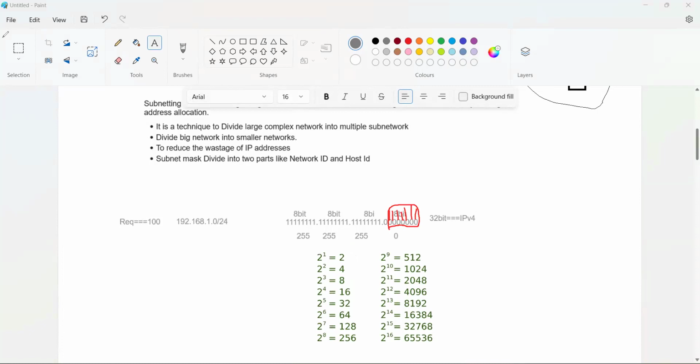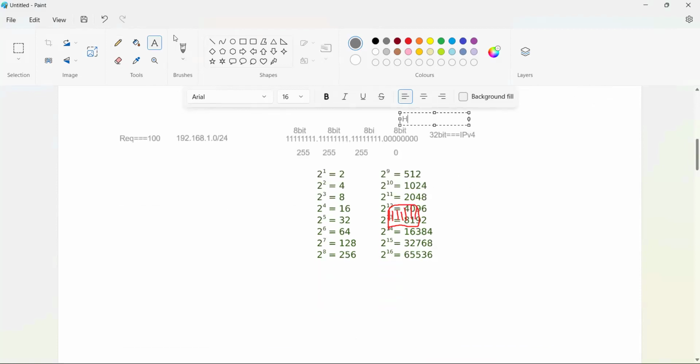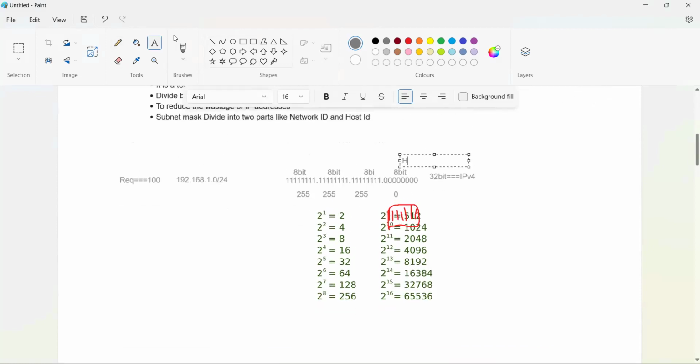Whenever your requirement is 100, you should select from this range only. Here our range is 128. These are all host bits, and that is the reason I am taking them as host bits. And these are all network bits only. Once I move forward, you will get the answer. Let's move forward.